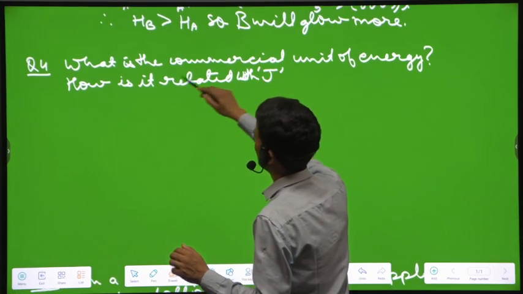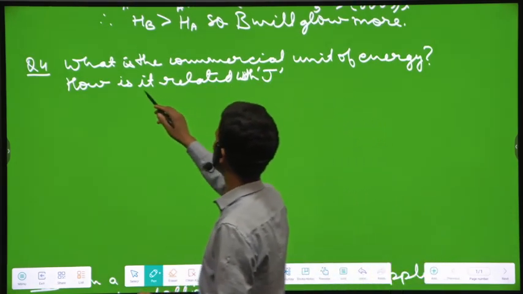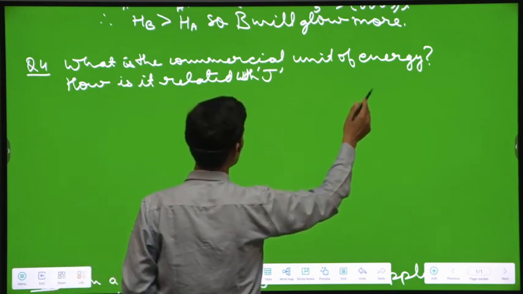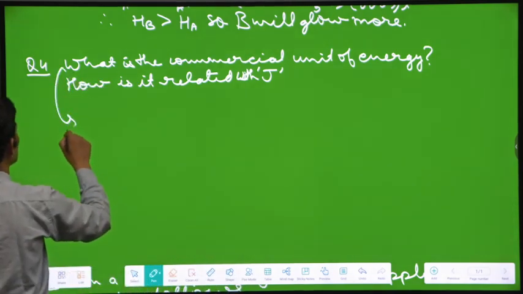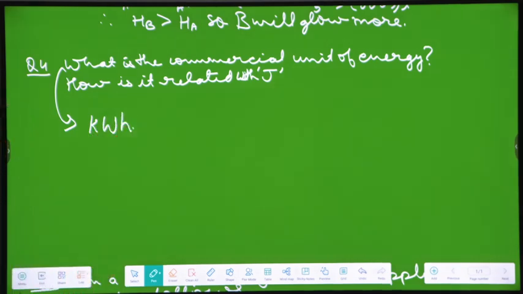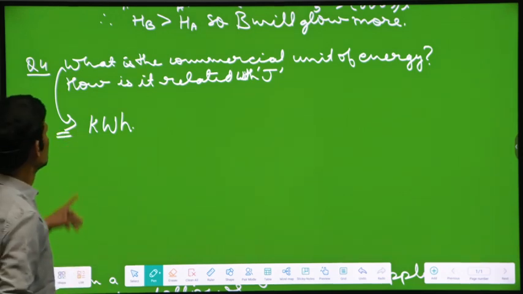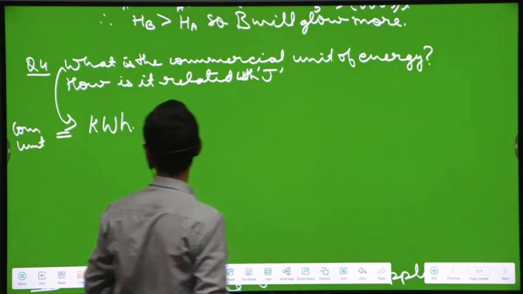Okay, this one is the most important question for board purposes. What is the commercial unit of energy? The commercial unit of energy is kilowatt hour. This is the commercial unit of energy. How is it related to joule?